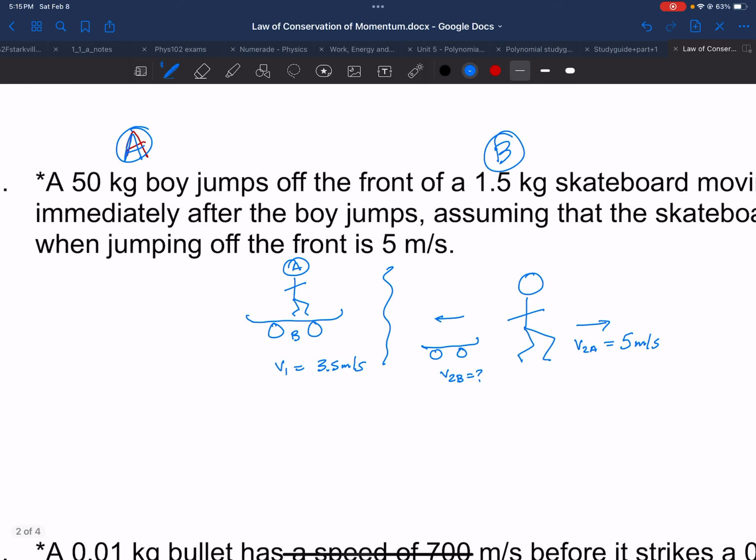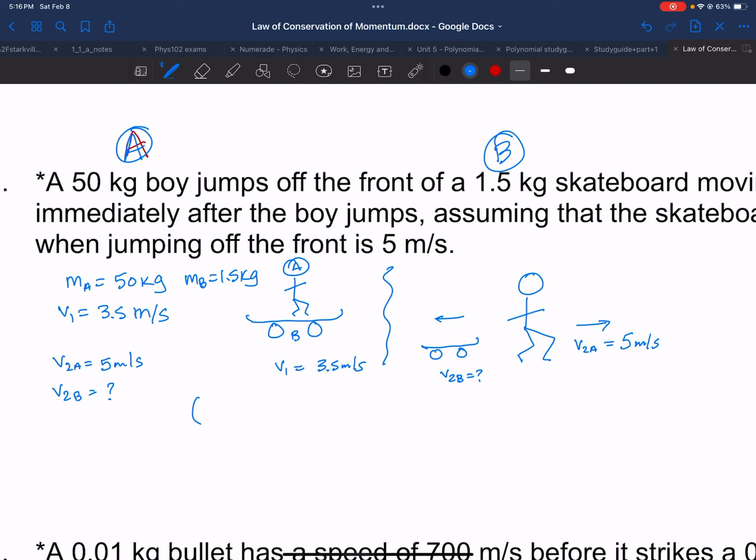Actually, let's go ahead and write our pieces here. So 50 kilograms for A. Mass of B is 1.5 kilograms. V1 for all of them is 3.5 meters per second. V2A is 5 meters per second. And V2B is what we want to know.